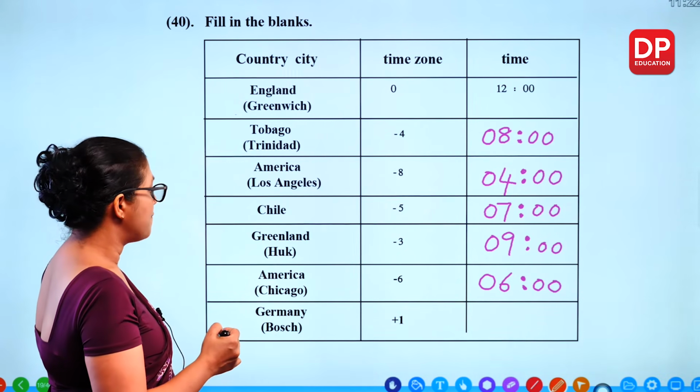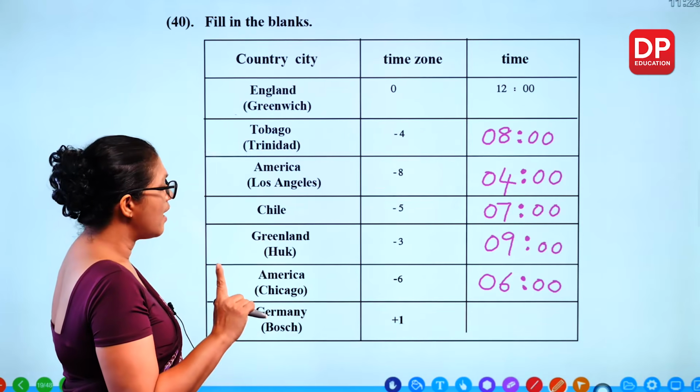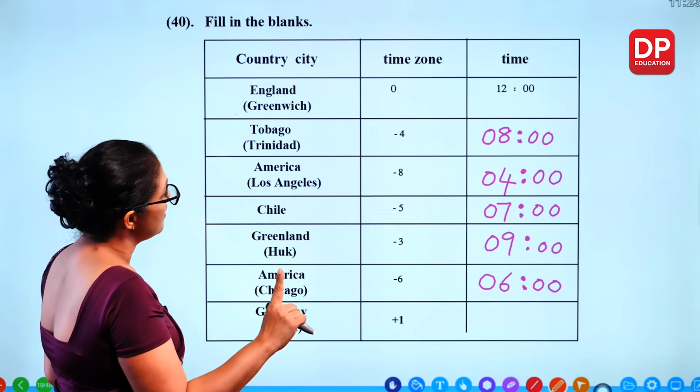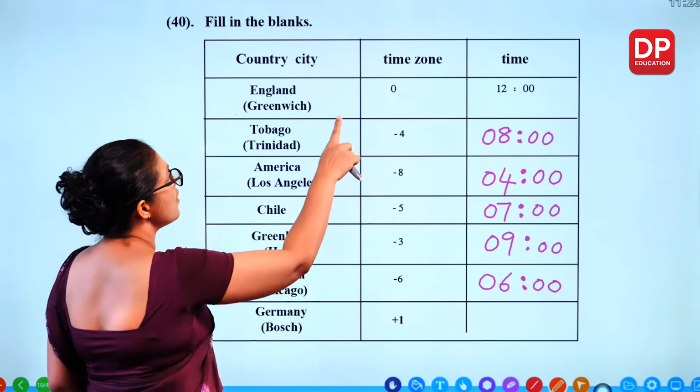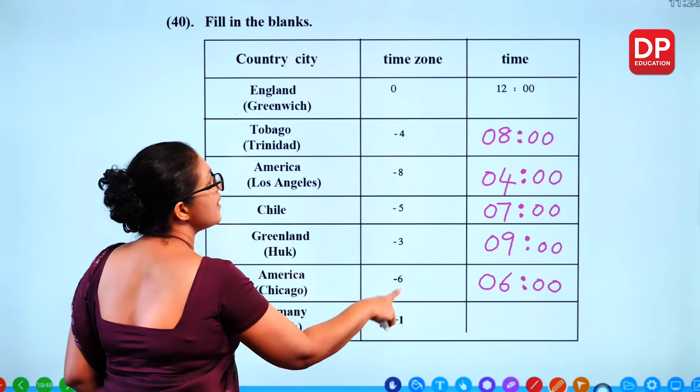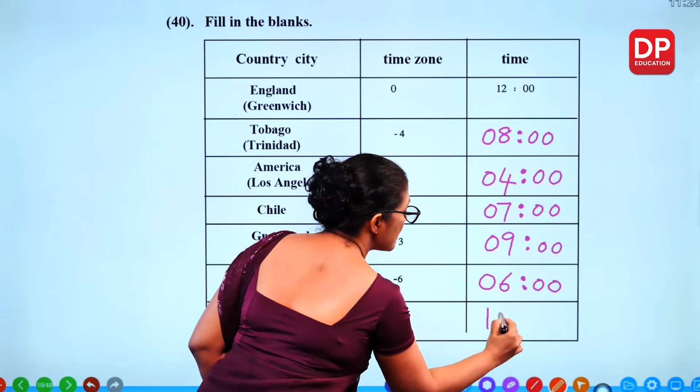And Germany, plus 1. That country is to the east side. That's plus. So 0 is there. Plus 1. Adding 1 to 12, that's 13.